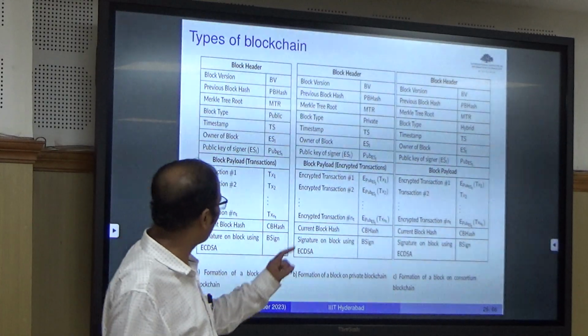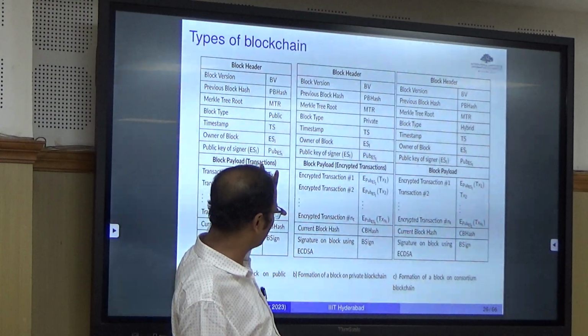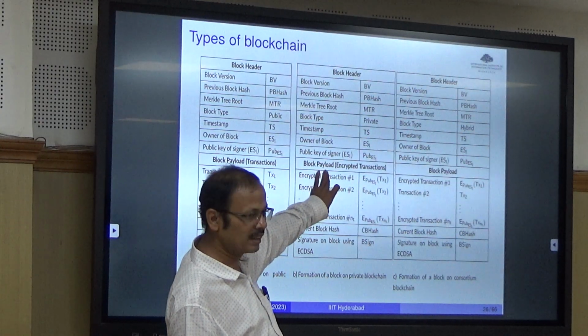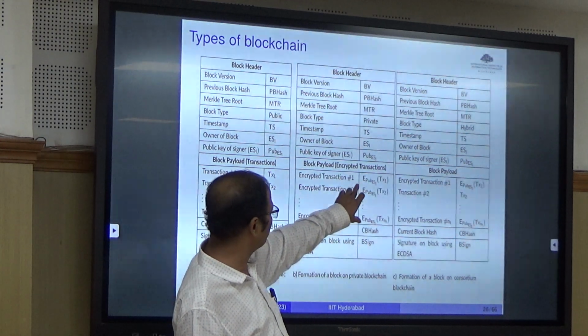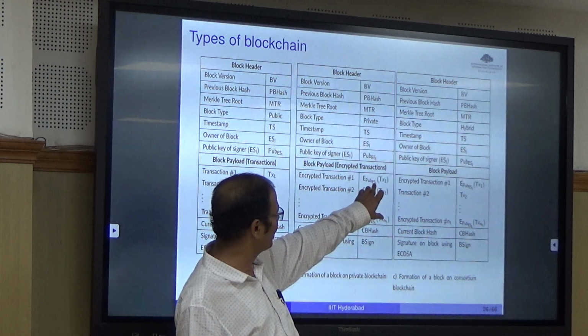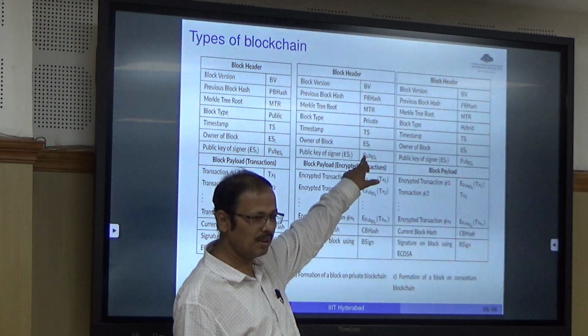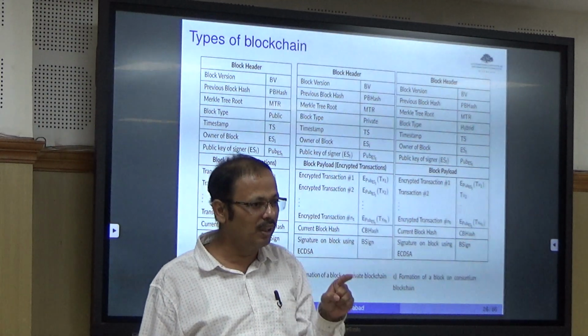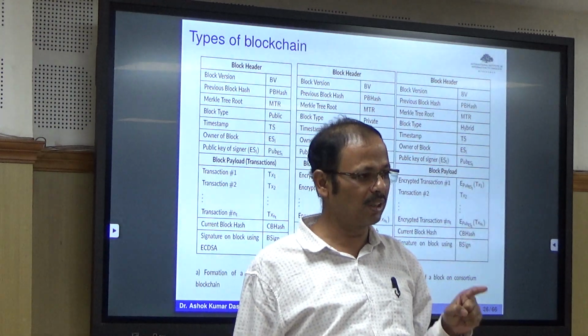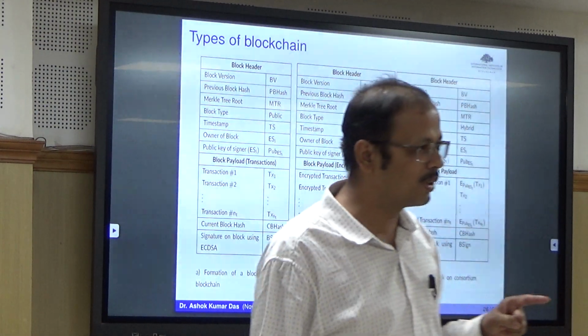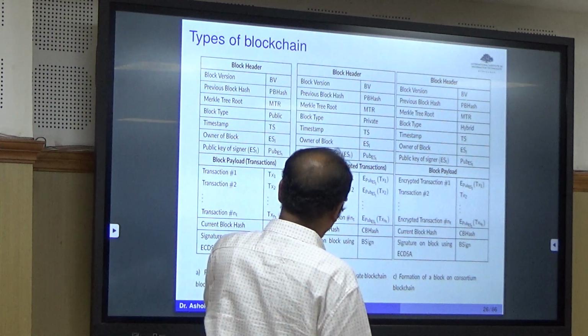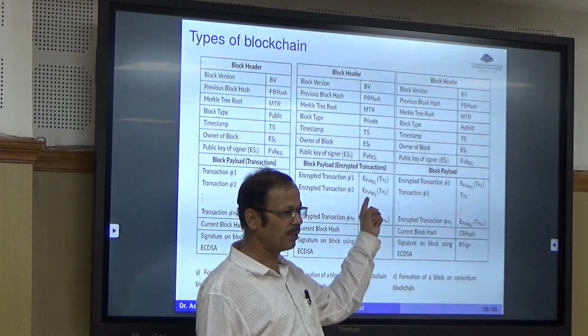Now, in the case of the private blockchain, the only difference is that the transactions are encrypted with the help of the public key of the owner, because only the owner can decrypt the information and nobody else can. So all the transactions are encrypted using the public key of the owner.